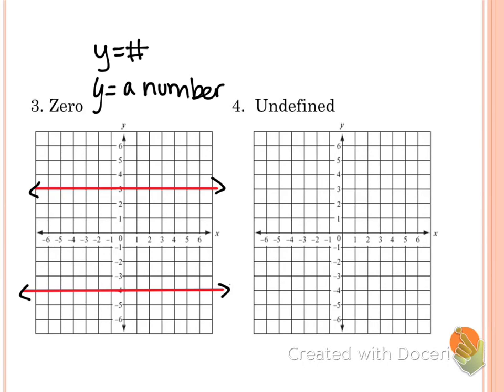An undefined slope, you also might be able to guess if you're good at recognizing patterns, so that instead of a horizontal line, it will be a vertical line. It's going to go straight up and down. So on this, there's not a hill at all. It's just the edge of a cliff.